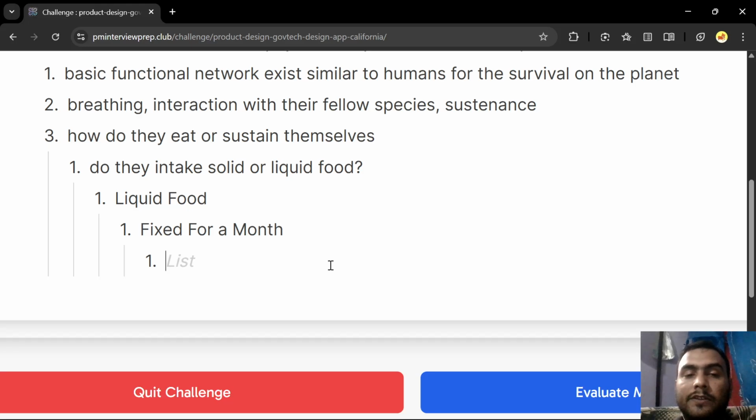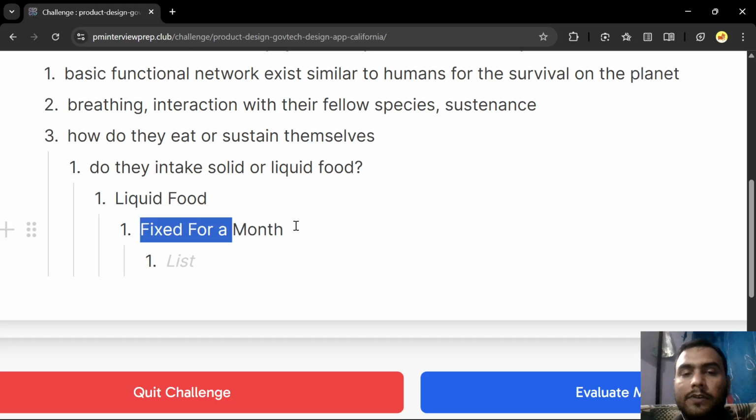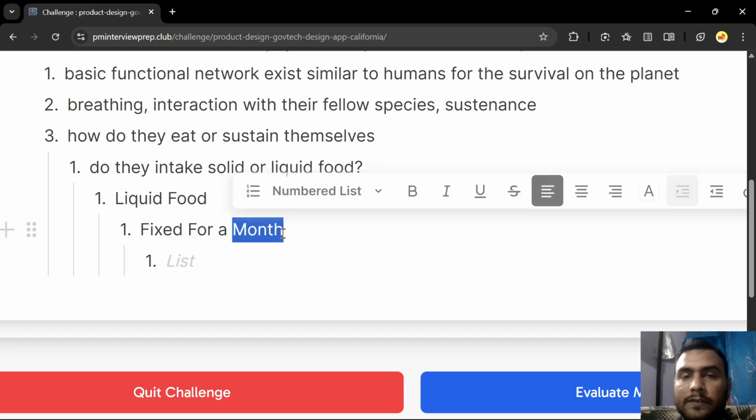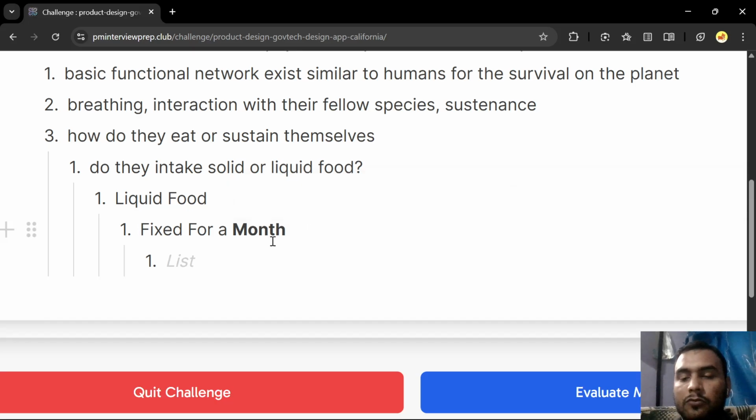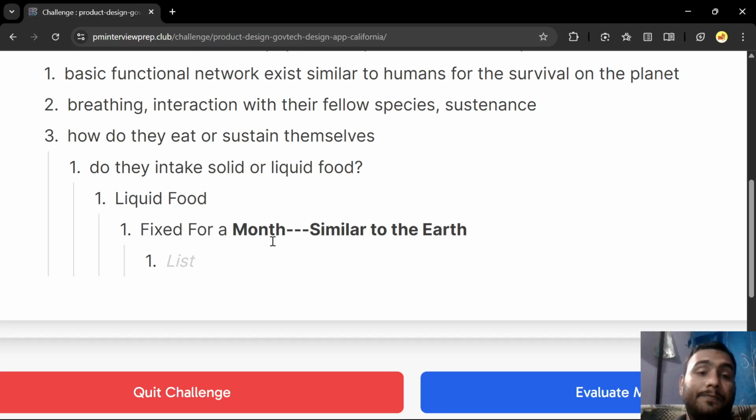Now again, this month time part that we are assuming is Earth centric, because time on their planet would be different in how we measure it, but for now I'm taking it to be similar to Earth.